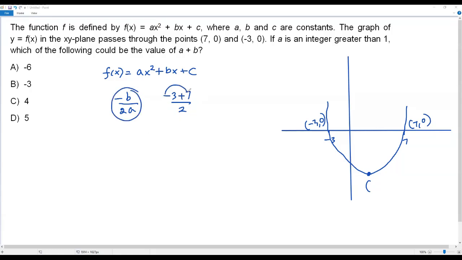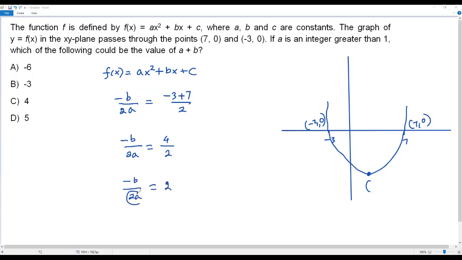Both represent the same thing, the x-coordinate of the vertex, so we can equate them. Then we get negative b over 2a equals (-3 plus 7) over 2. When I simplify, I'm getting 4 over 2. Then negative b over 2a equals 2.